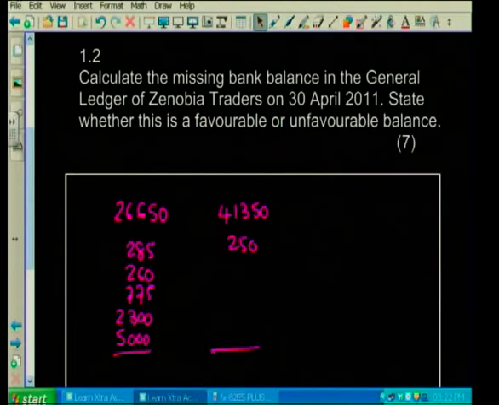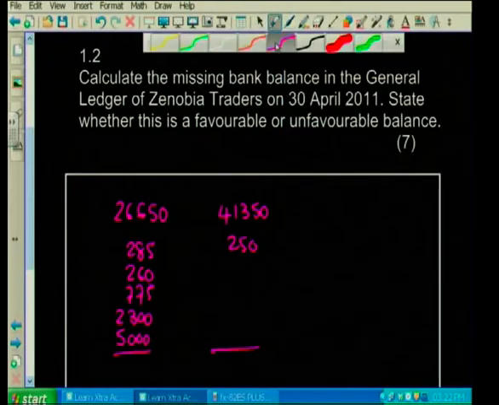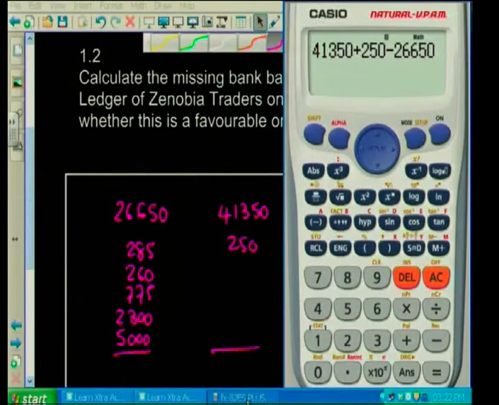Watch what I'm doing here, guys. Minus 285 minus 260 minus 775 minus 2,300 minus 5,000.